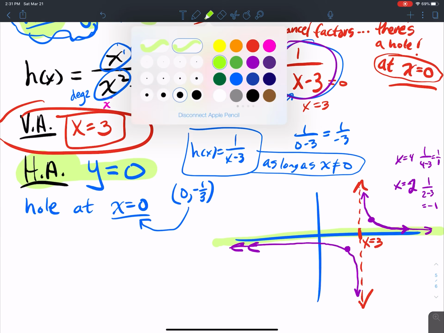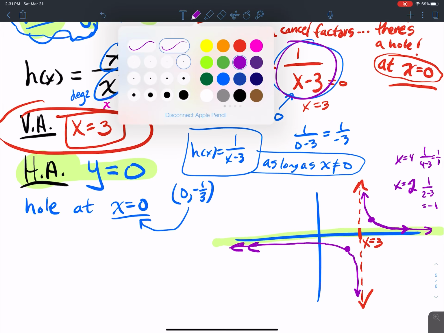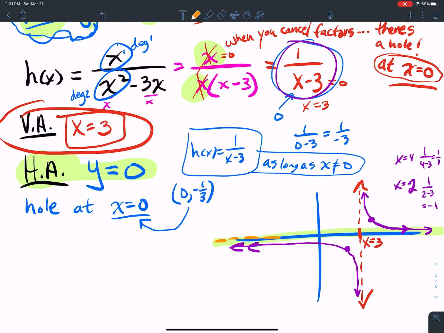Now, I could put orange for my horizontal asymptote, which really, I guess yellow might be better. Why yellow? It's kind of like a yellow light. Sometimes we speed and we pass through the yellow light, and sometimes we don't, right? So for this particular one, the graph does not cross the horizontal, but that's not always the case.